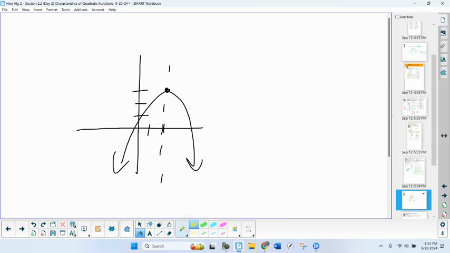It is what first? Increasing for values of x that are less than 2, and then decreasing for values of x that are greater than 2. Okay? We good. By the way, max or min? Max of 3. Okay, we good?